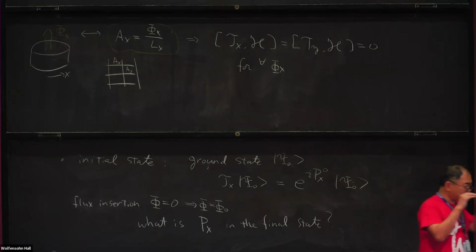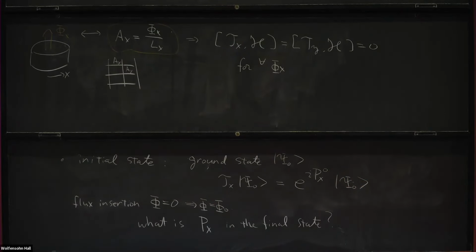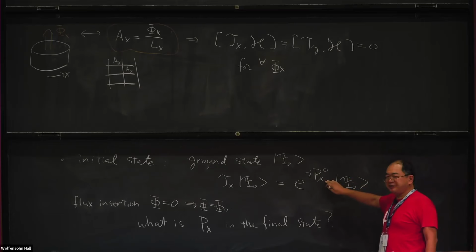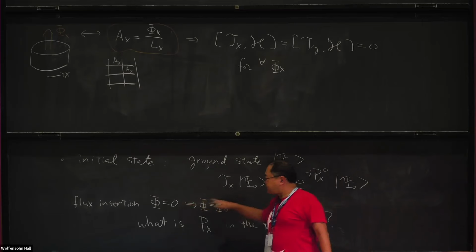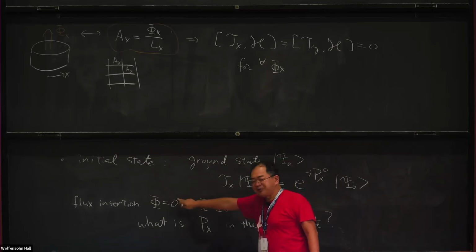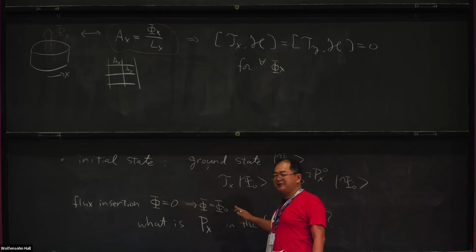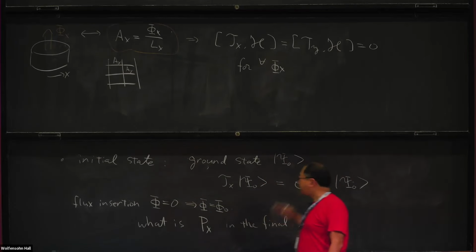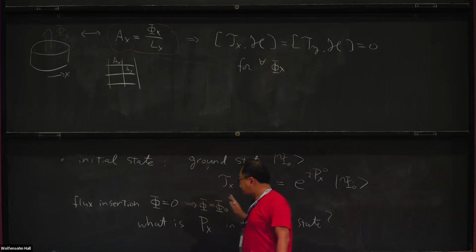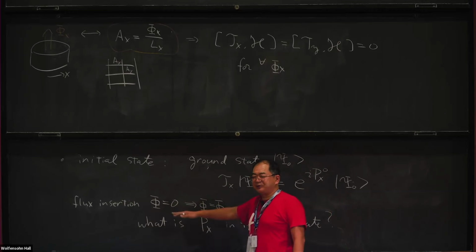So the so-called kinetic momentum, which is gauge invariant, increases by increasing the magnetic flux or vector potential. In a different way, this quantity is not gauge invariant. And after this flux insertion, as I have emphasized many times, this is equivalent to zero flux, but the Hamiltonian is different because you are in a different gauge. So in order to compare the momentum between the initial state and the final state, you have to do the gauge transformation, a large gauge transformation, to eliminate the vector potential.